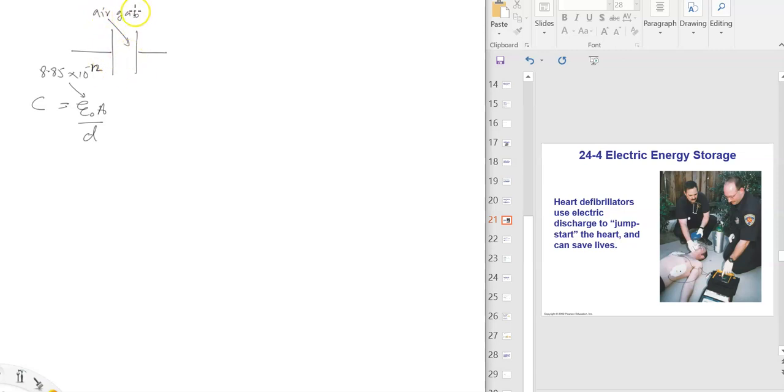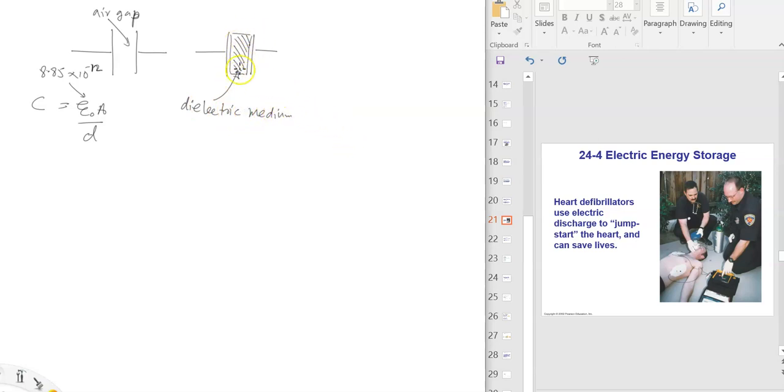If you have an air gap, that's the number that goes in. But in most practical capacitors, we fill the gap with some insulating medium in between. This is called the dielectric material or medium.